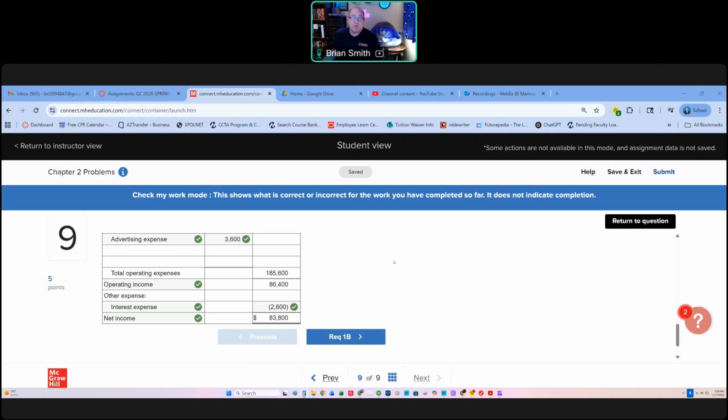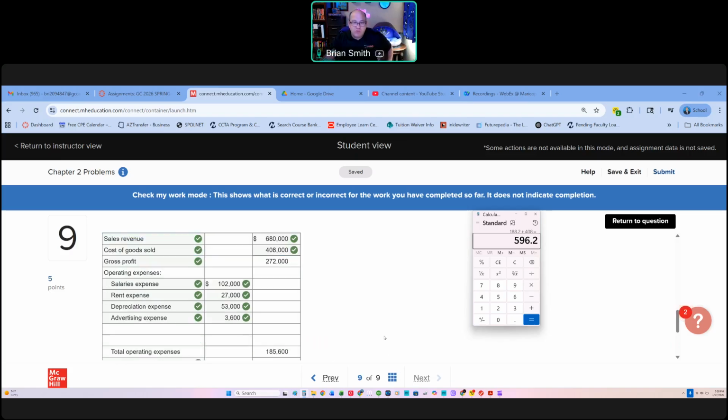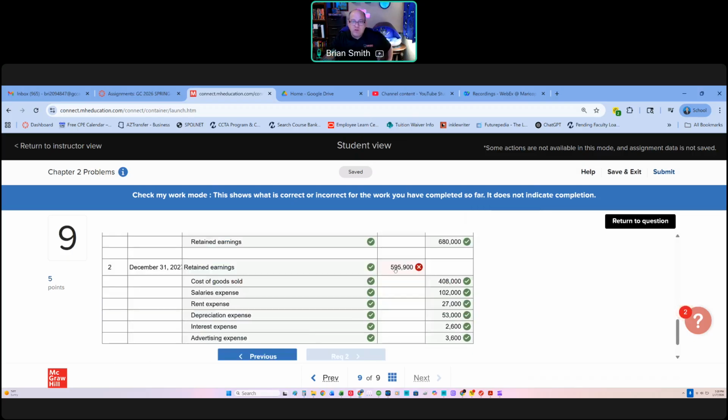So our total operating expenses, our number actually should have been 185.6 plus 2.6, plus I got to add in the cost of goods sold. So 596.2. So I did something wrong over here.